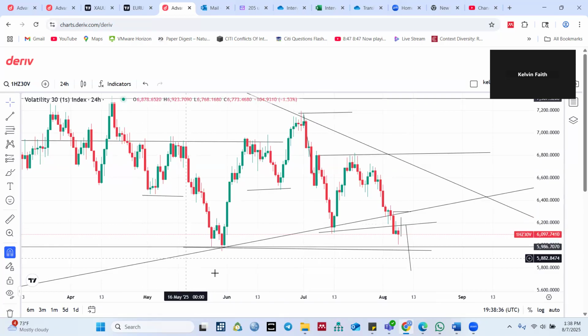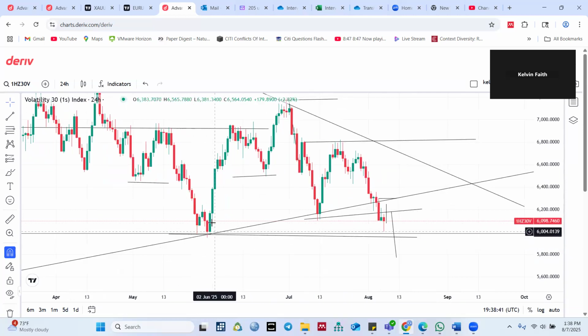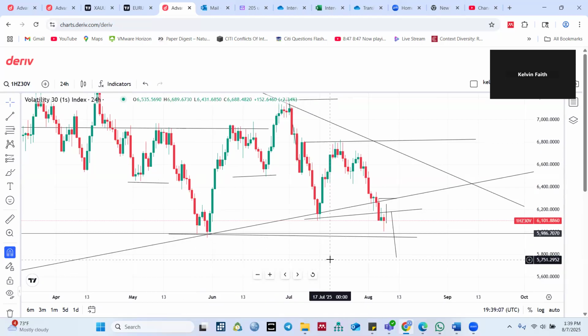But if it is taken out, it's going to be a total sweep of liquidity for all those that are using this break of structure to buy from here, and they are holding their trade till now. If it sweeps it, this will be those who bought from here, this is their stop loss. So if it sweeps to take it out, then it means it's stopping everyone here. And because they know it's going to go long, they are stopping everyone.